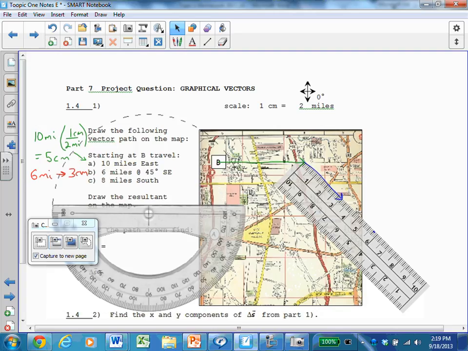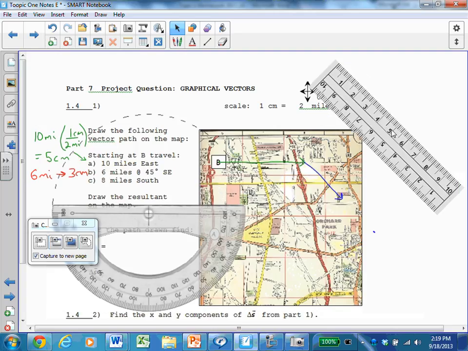And now it says 8 miles south, so that's going to be 8 miles equals 4 centimeters, and directly south, straight down.